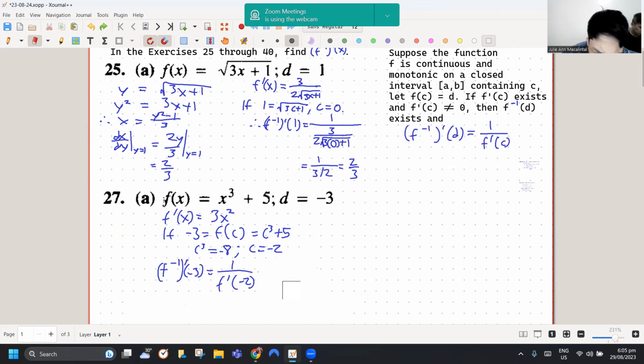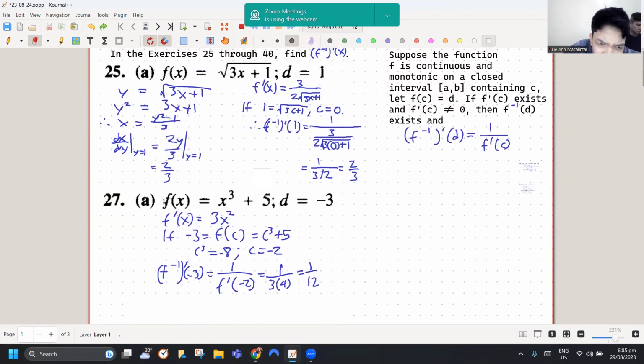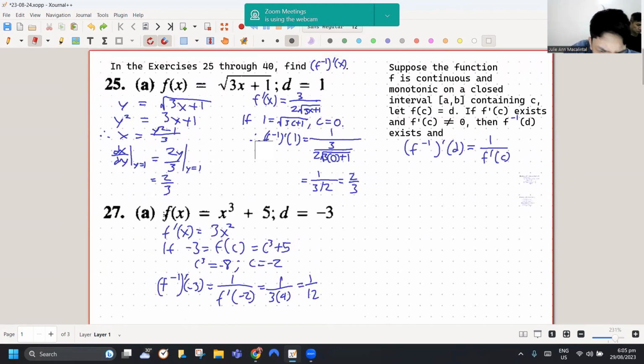So that's the reciprocal of the derivative of f evaluated at c equals negative 2. So that's just 1 over 3 times negative 2 squared, which is equal to 1 over 12. So now it's much easier. If we used the naive method, we would have to take the cube root, which is harder to differentiate.